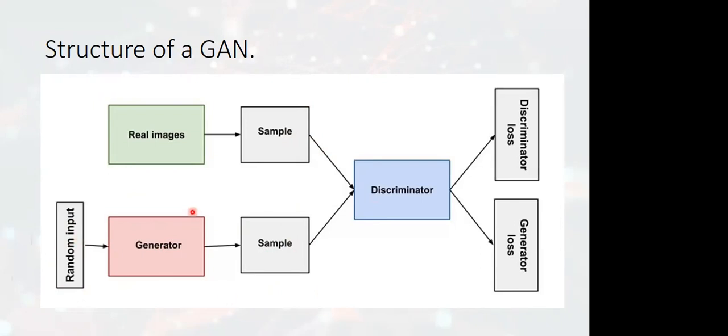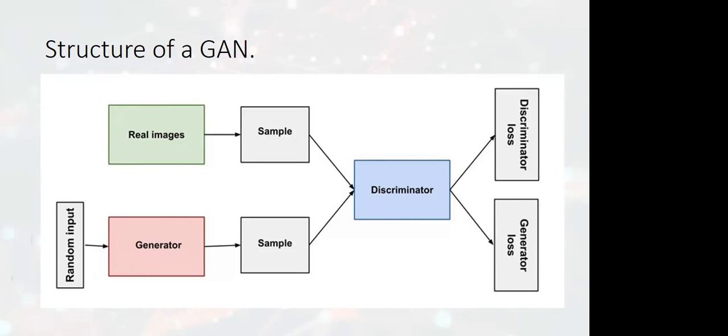After training, this would correspond to a PDF or a distribution. The discriminator takes in samples both from the real images, the training data, and also takes in information from the generator. We can call this synthetic or fake data.